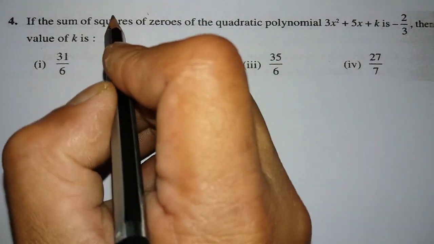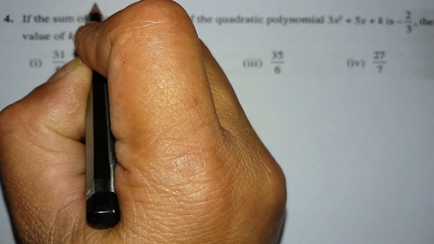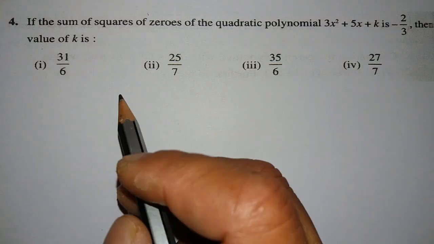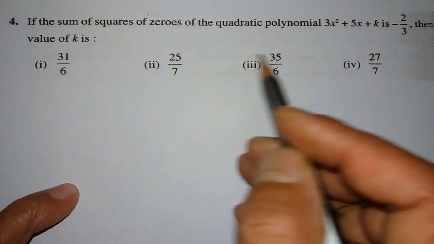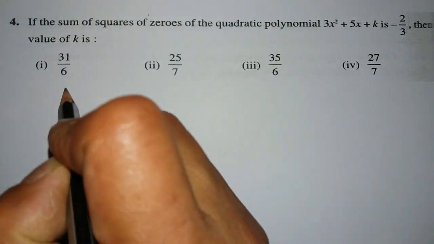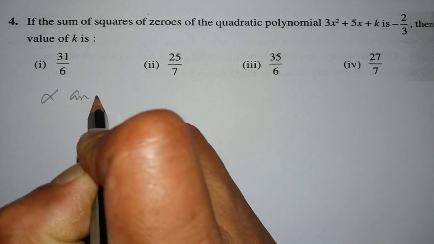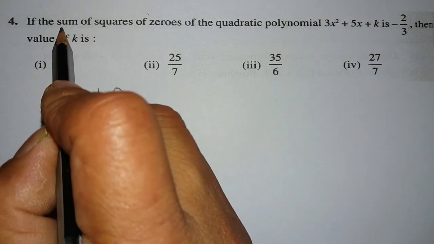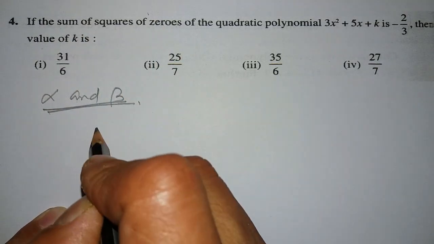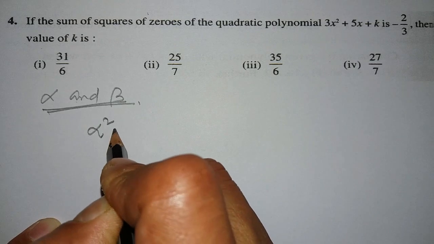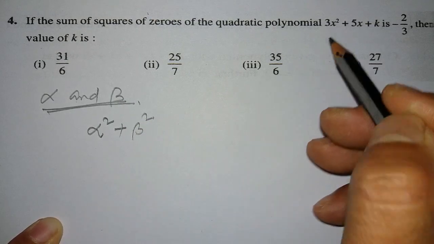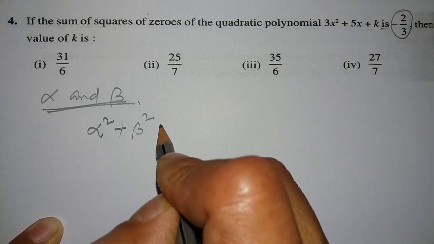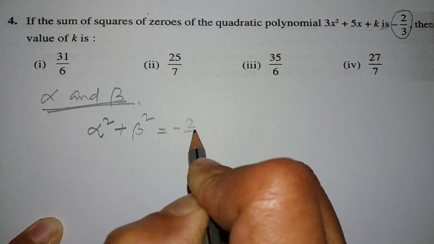So let us suppose that the two zeros of this quadratic polynomial are alpha and beta, and according to this question, the sum of squares of zeros, that means alpha square plus beta square, of this polynomial is minus 2 by 3.